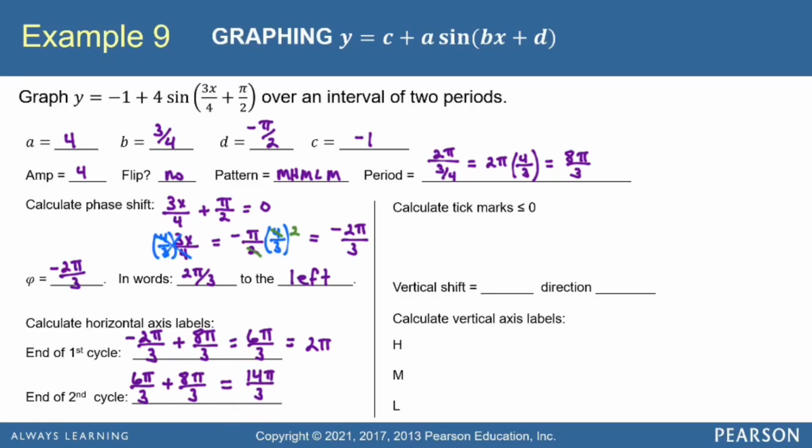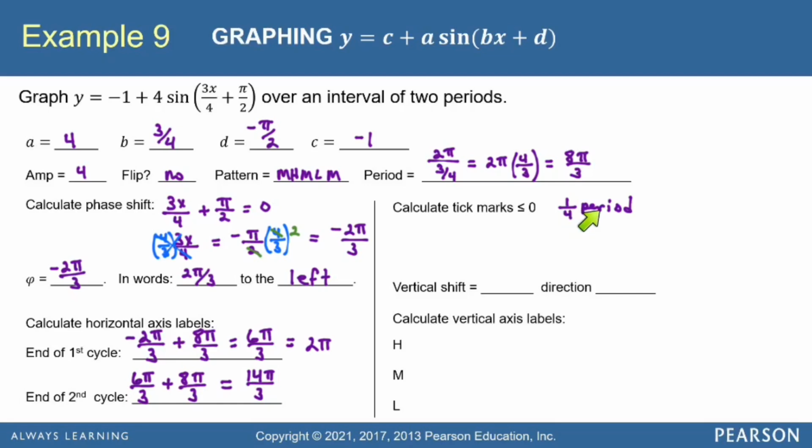Now, because we had a phase shift to the left, we need to calculate the quarter tick marks, at least any that belong to the left of the y-axis. So how do we do that? We always start at the starting point and add a quarter of a period at a time. So let's start by figuring out what a quarter of a period is. Well, in this case, the period is 8 pi over 3.